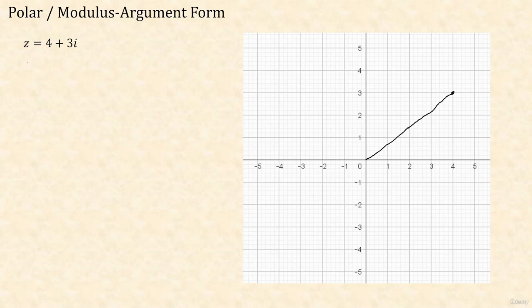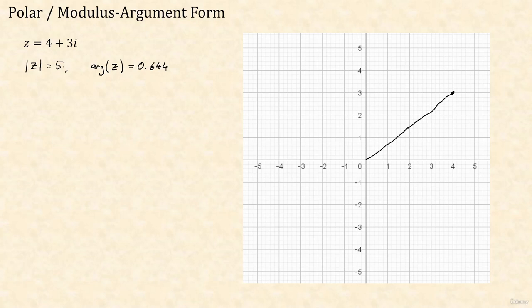And in the last video what we saw is the modulus of this number was 5 and the argument of this number was 0.644. So polar form or modulus argument form is simply expressing a number, rather than in the a plus bi form, simply as its modulus and its argument.